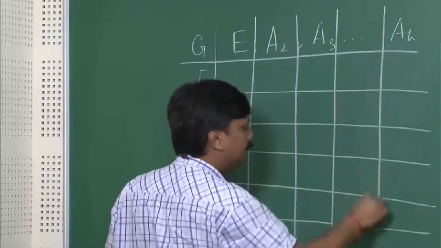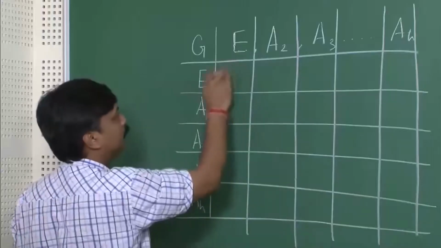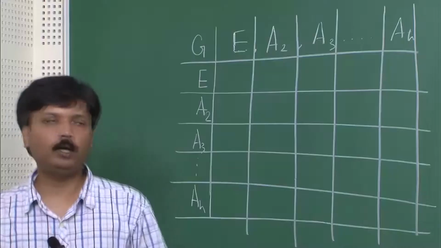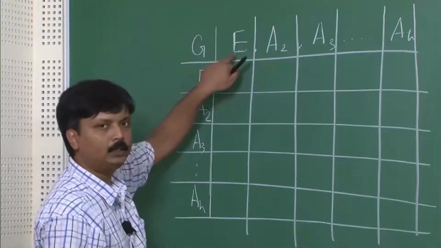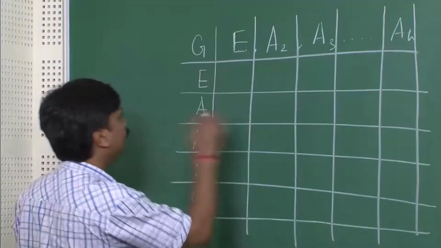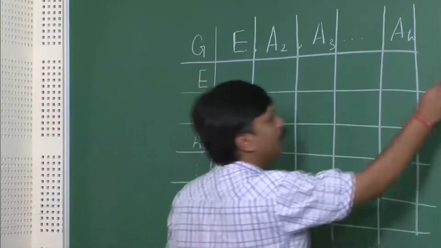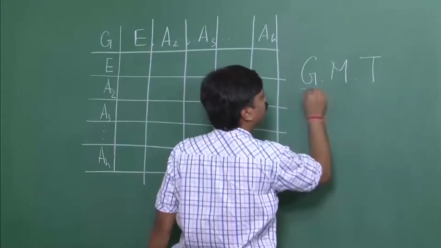Each of these cells, so by cell I mean this area, will contain one product. Okay. And how will the product be? So this multiplied by this. So you will get the results here, and this as a whole is the group multiplication table. Okay.